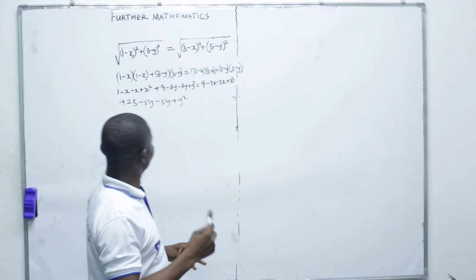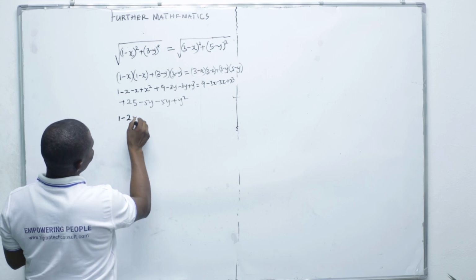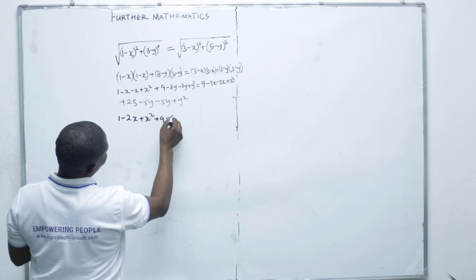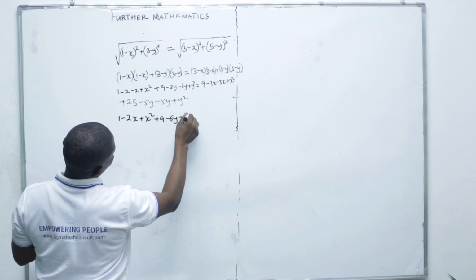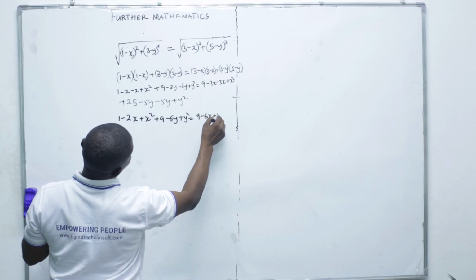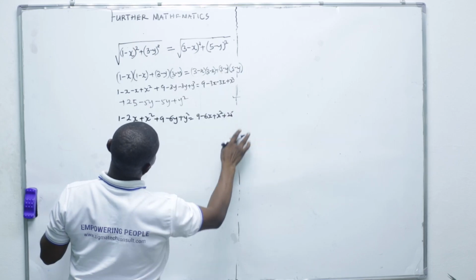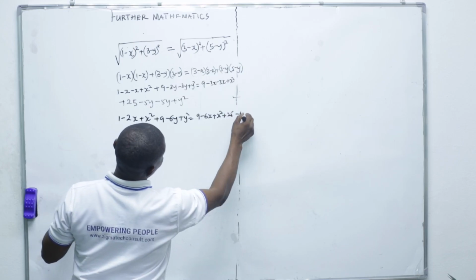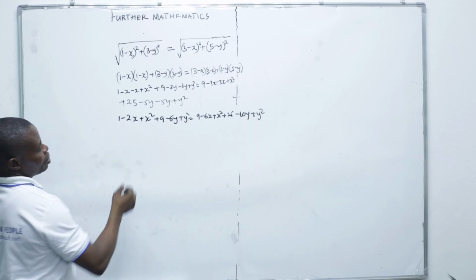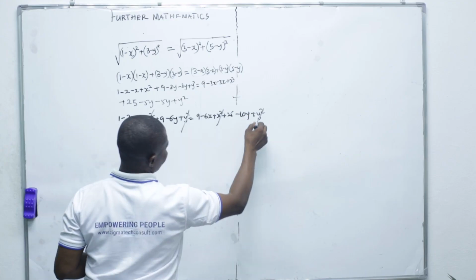Then this is 1 minus 2x plus x squared plus 9 minus 6y plus y squared equals 9 minus 6x plus x squared plus 25, I will continue the writing here, minus 10y plus y squared. Watch very well. x squared is here, is also here. y squared is here, is also here.